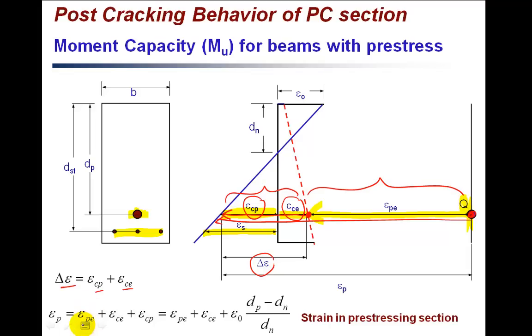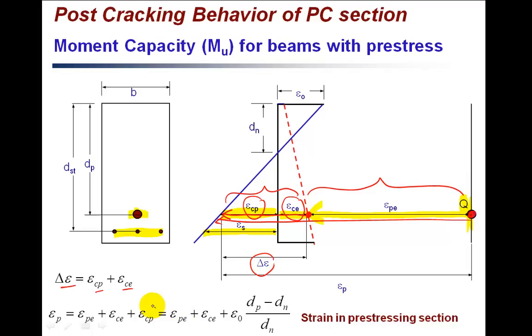So it will be the combination of epsilon Pe, which is the initial tensile strain in the steel, epsilon Ce, which is the initial compression strain in the concrete, and epsilon Cp, which is the final strain in the concrete. That will give you the total strain in the prestressing wire at the point of failure.